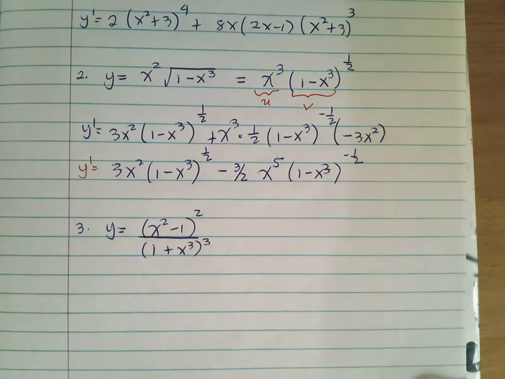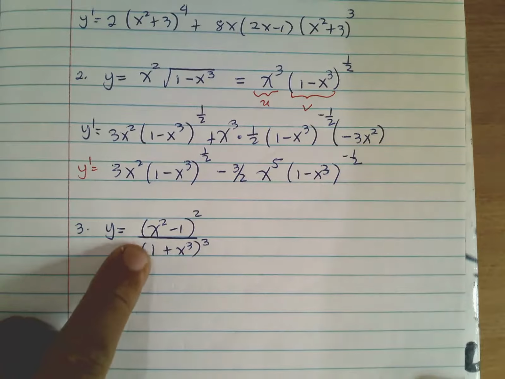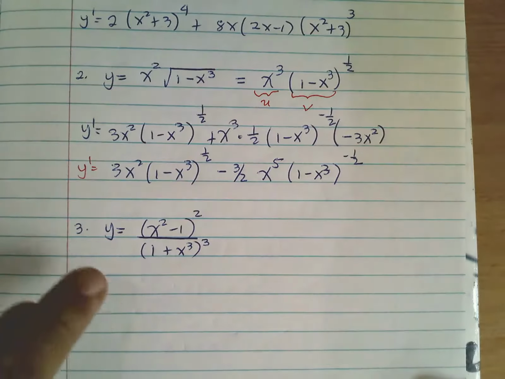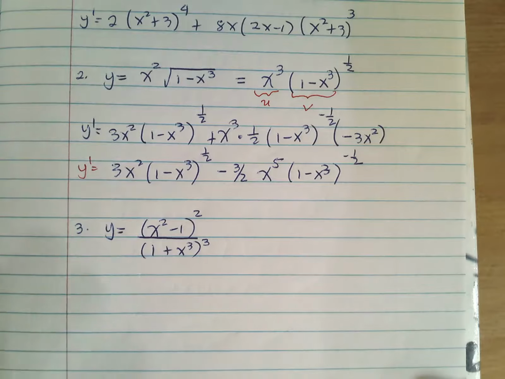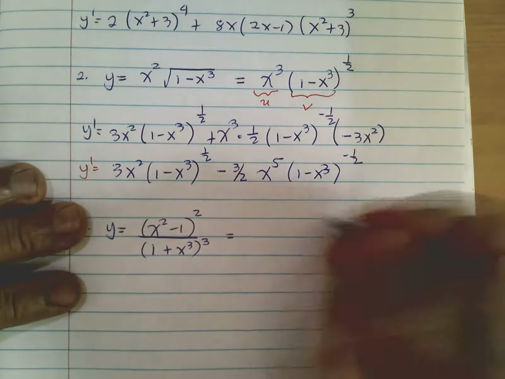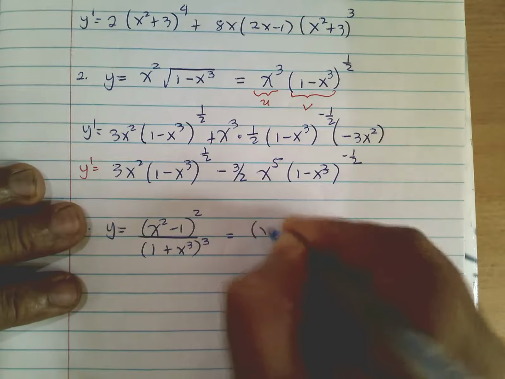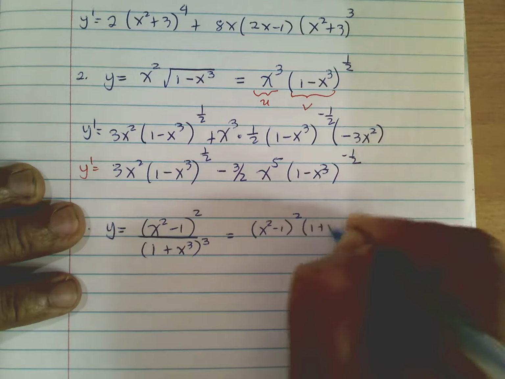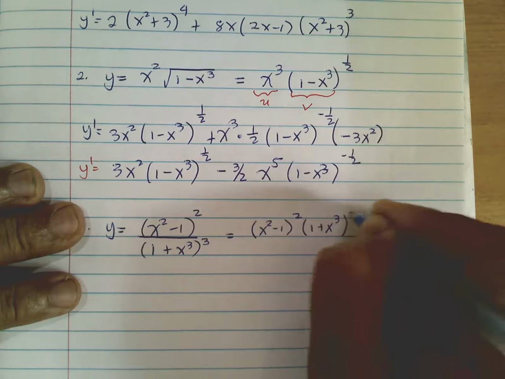Oops, sorry, this is not multiplication, this is a quotient. But can we use our product rule here? Definitely we can, but then we need to rewrite this in product form. So you have (x squared minus 1) raised to 2 times (1 plus x cubed) raised to negative 3.